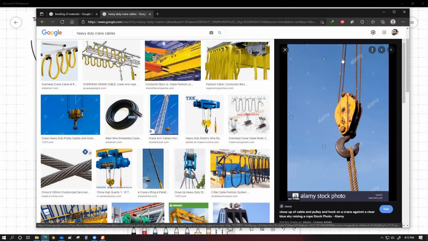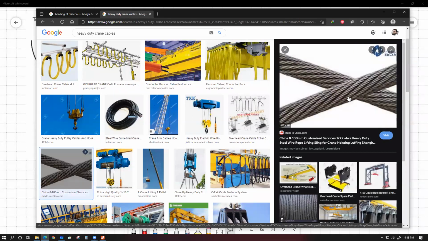We don't have a single piece of metal being used as a cable. Rather, we have very thin strands of metal which are wound together in a rope-like structure, which has a structure like this.